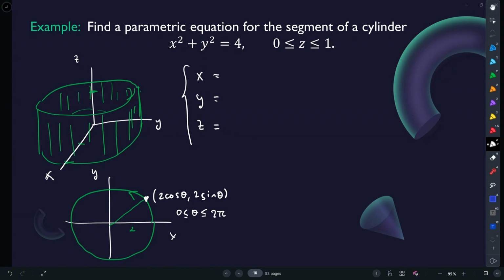And then for each one of those points in the xy plane, I want z coordinates anywhere between 0 and 1. So I can take this to be 2 cosine u, 2 sine u, and the z is going to be v. But now I have to specify where these live. u is going to be the parameter that goes up to 2 pi, and v is up to 1.